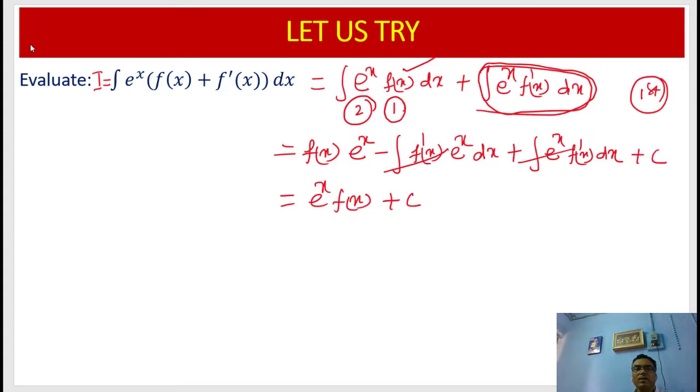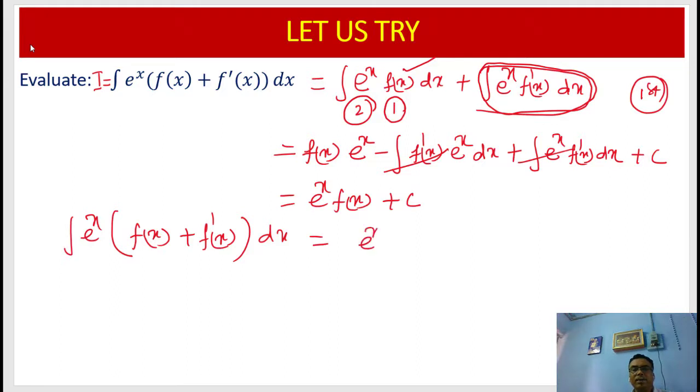So you see, when you confirm the integration is of this style, e to the power x into some function plus derivative of that function, then if a multiple choice question comes, simply write the answer e to the power x f x plus c. But if the same question comes in the board exam, you will have to solve it this way.